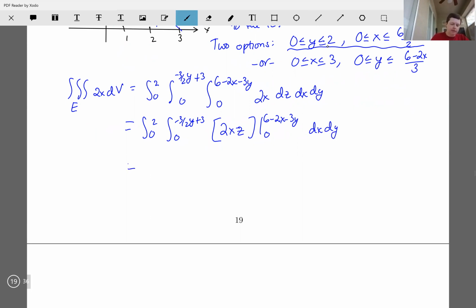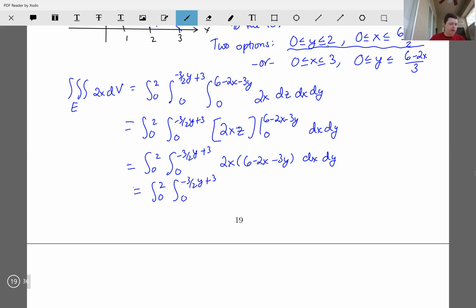So that's going to give us the integral from 0 to 2, the integral from 0 to negative 3 halves y plus 3, of 2x times (6 minus 2x minus 3y) dx dy. Evaluating that in the interior, I get 12x minus 4x squared minus 6xy dx dy.